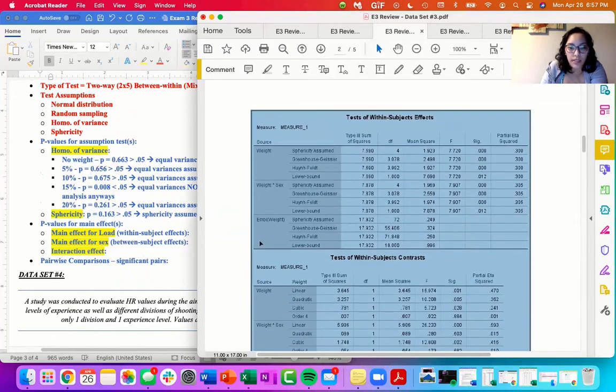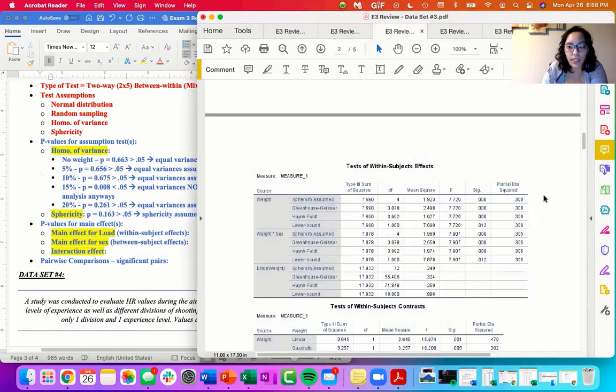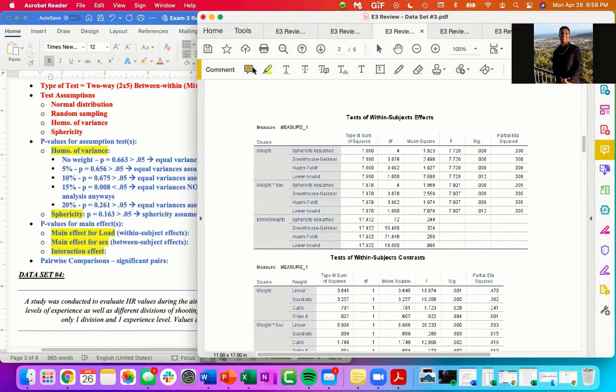So based on this outcome, we've assumed sphericity. What would our p-value be in our within subject effects table? Less than 0.001. Mm-hmm. Right, we should be reading sphericity assumed.